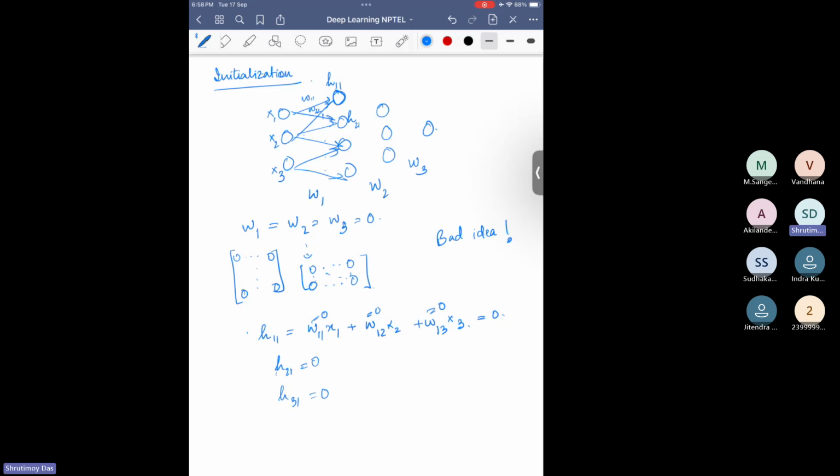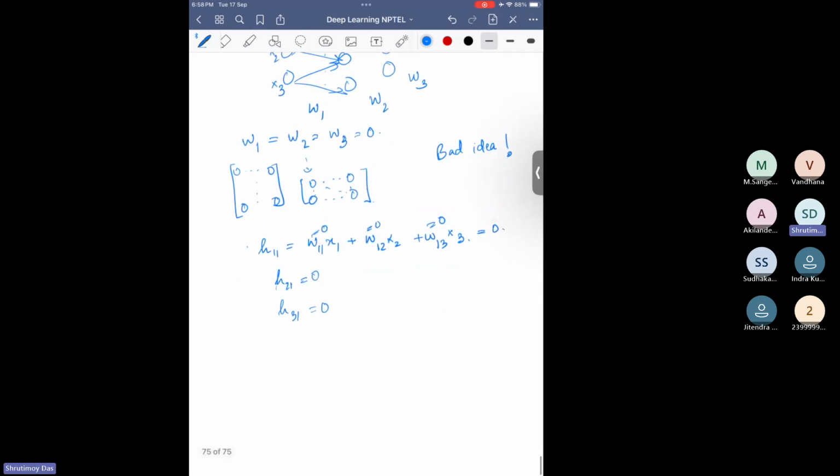So even if it gets updated, another problem will be that each of these weights is the same. Whenever it is updating the weights, it will see that the weights are all the same, because they started off at 0 and they will get the same level of update. They will not change much, right?